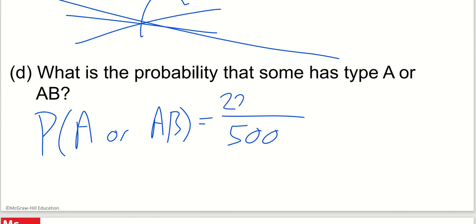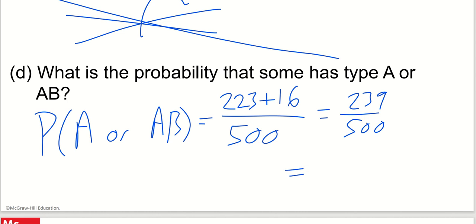So it's going to be the 223 for type A plus the 16 for type AB, which gives us 239 out of 500, which, to two decimal places, would round to 0.48. So that would have a probability of 0.48.